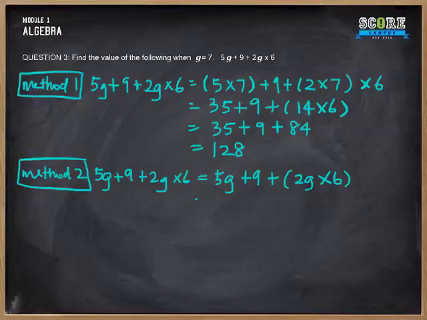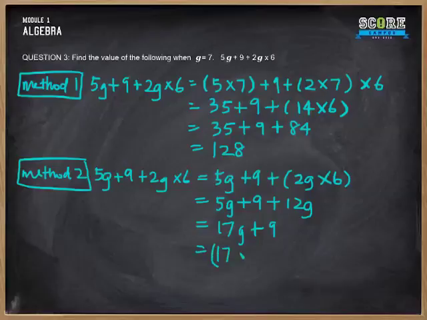Next level is 5g plus 9 plus, what is 2g times 6? You get 12g. Add all the terms with the g, you get 17g plus 9. Now at this point you substitute the value for g: you get 17 times 7, in brackets, plus 9. Do the mathematics and you get 128, and that is the final answer for both methods.